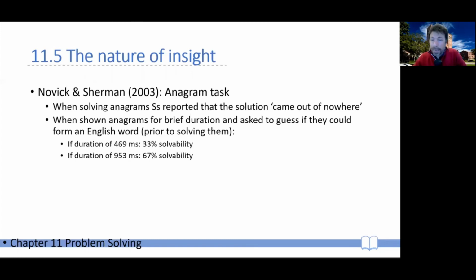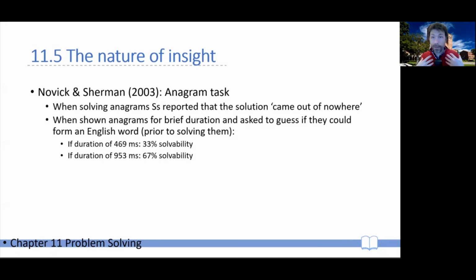Because these letter strings were presented for a very, very short amount of time, and participants didn't have enough time to solve it, their answers must have been based on whatever partial information they had accumulated up to the time they responded. And the interesting fact is that because they respond differently if you give them a little amount of time or a little longer amount of time, it must mean that some type of problem solving is going on, even if the participants were not aware of it.